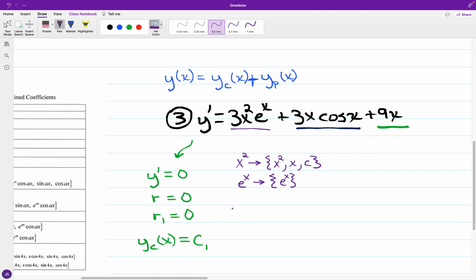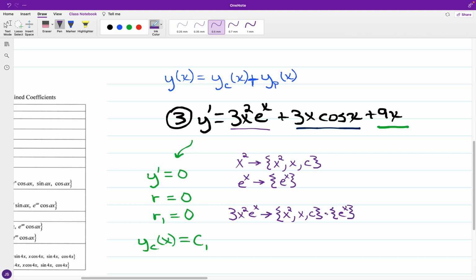So for the case of 3x squared e to the x, putting it in the form of the consolidated family of functions, intertwining the elements with their respective families: from the x squared part, we have x squared, x, and a constant, times e to the x, and from e to the x, I have e to the x.